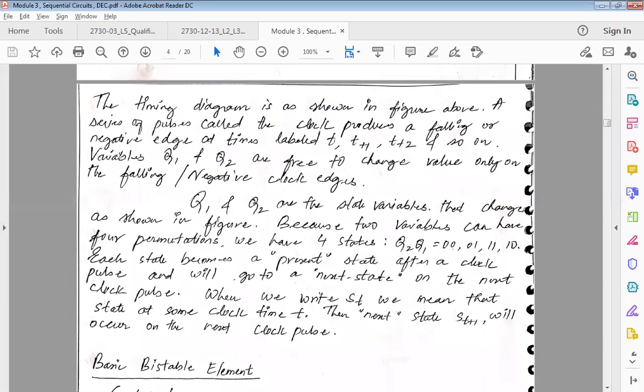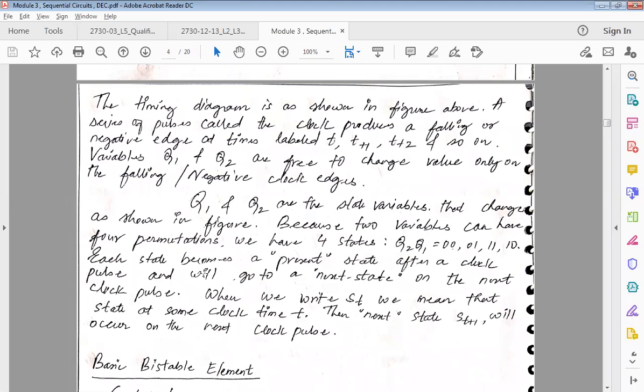Variables Q1 and Q2 are free to change value only on the falling edge of the clock signals. So only at the falling edge are we going to see them. Q1 and Q2 are the state variables that change as shown in the figure.